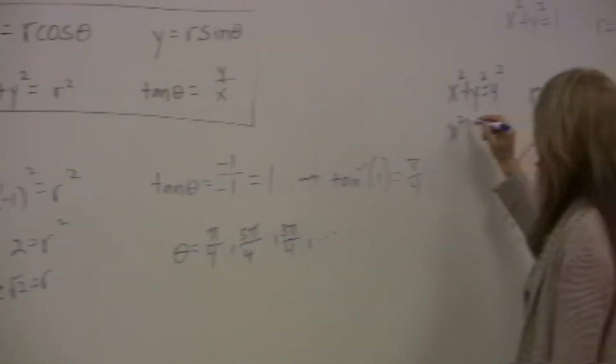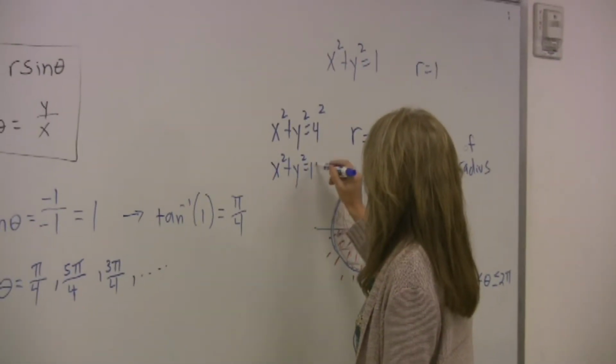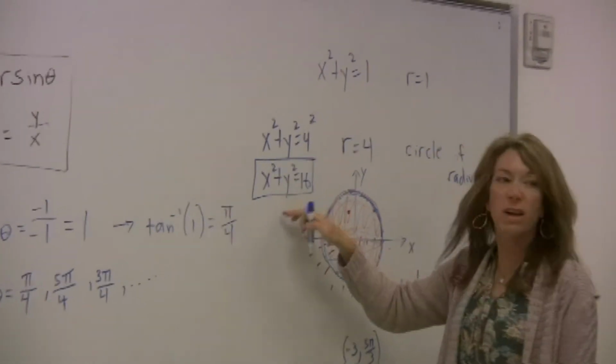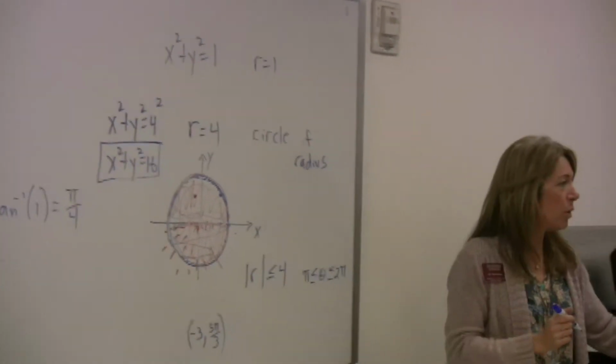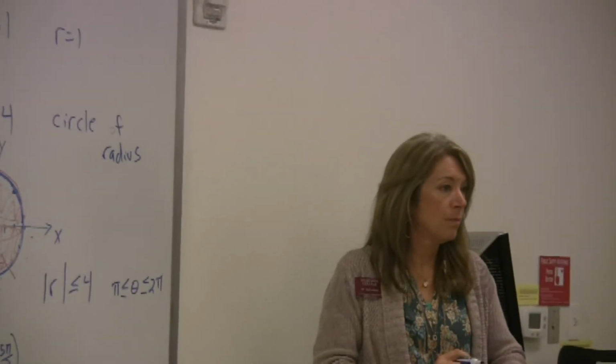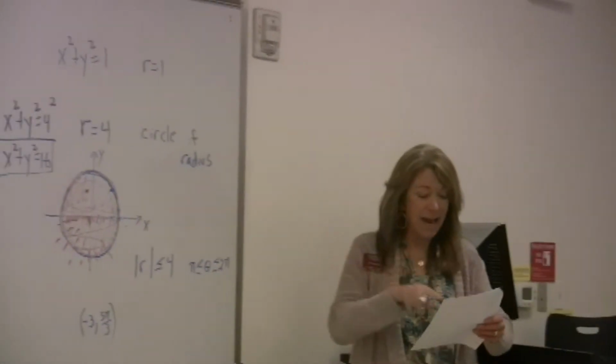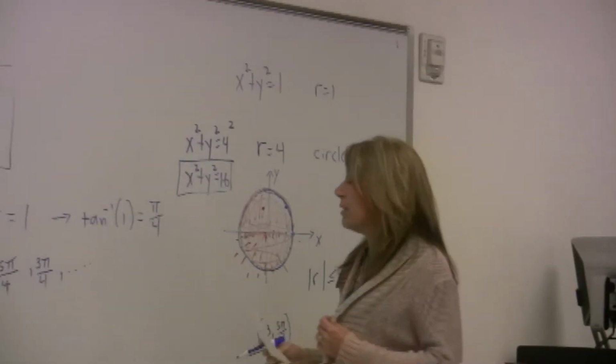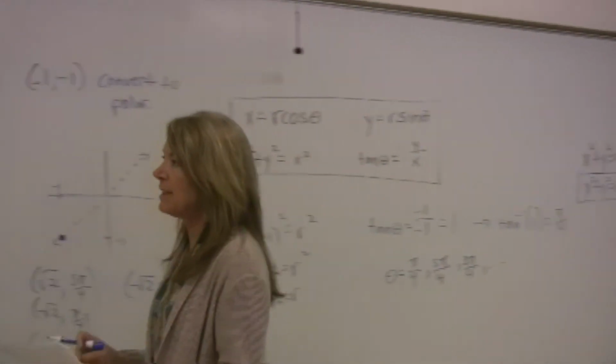So the equation was x squared plus y squared equals 16. Cartesian equations for circles are a lot messier than polar equations for circles. I just realized I asked it and didn't do it. Circle with radius 4. Okay, let's go back to this one now.